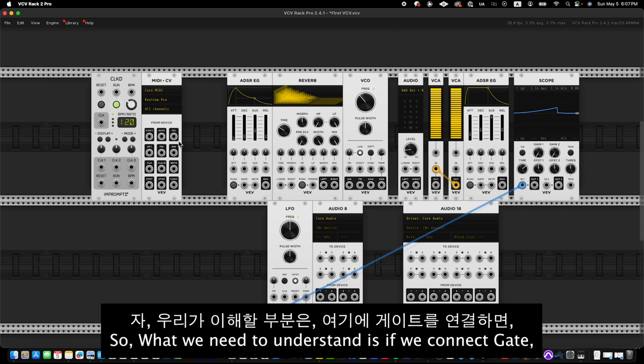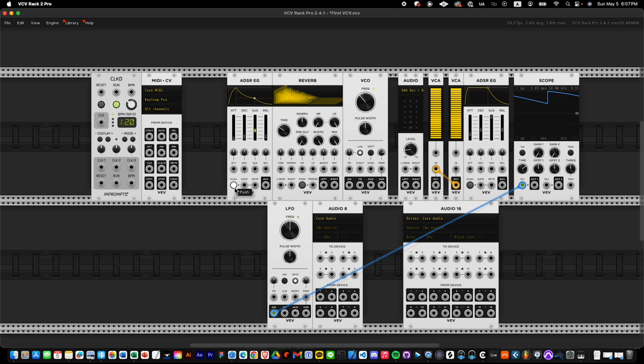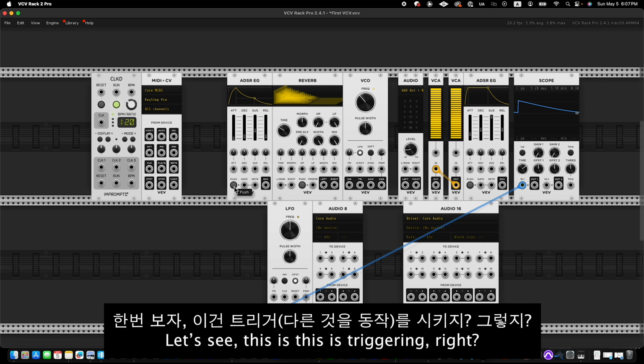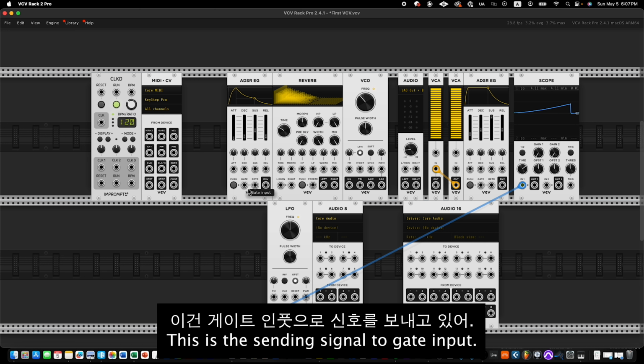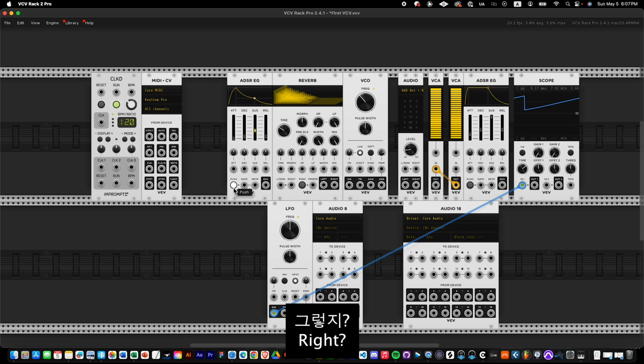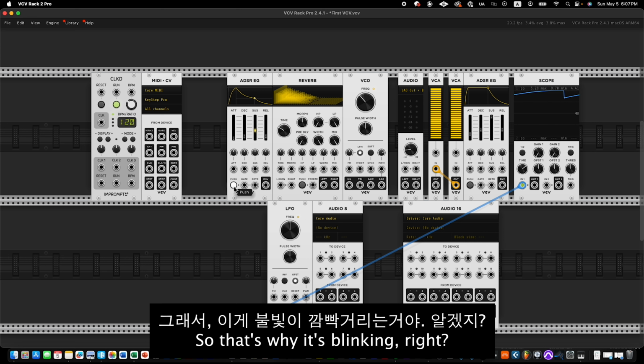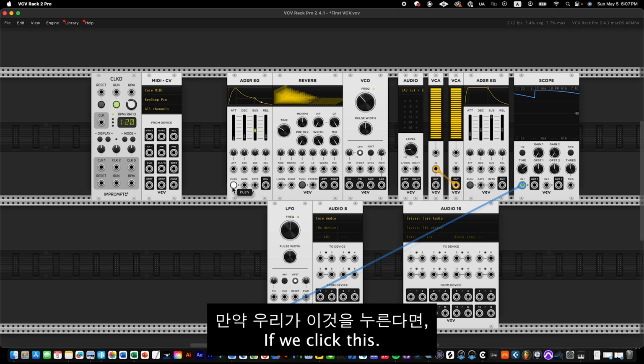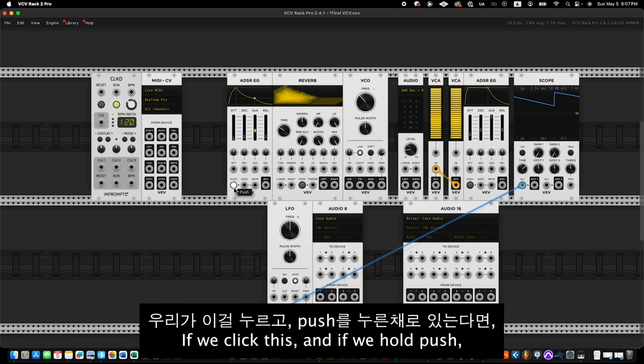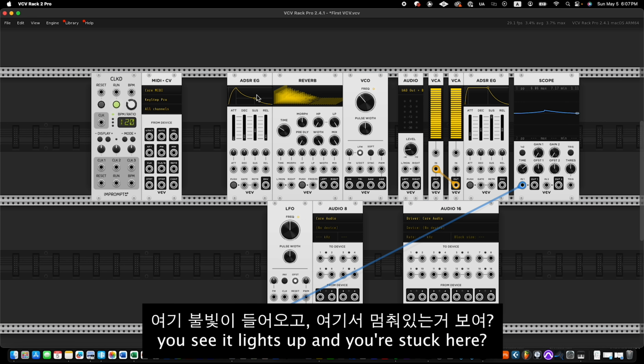So what we need to understand is if we connect a gate, this is a trigger. This is sending a signal to the gate input, so that's why it's blinking. If we click this and hold the push, you see it's lighted up and stuck here.